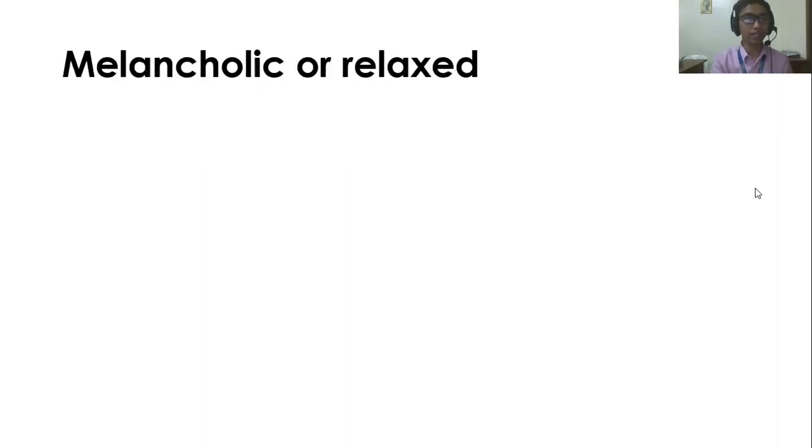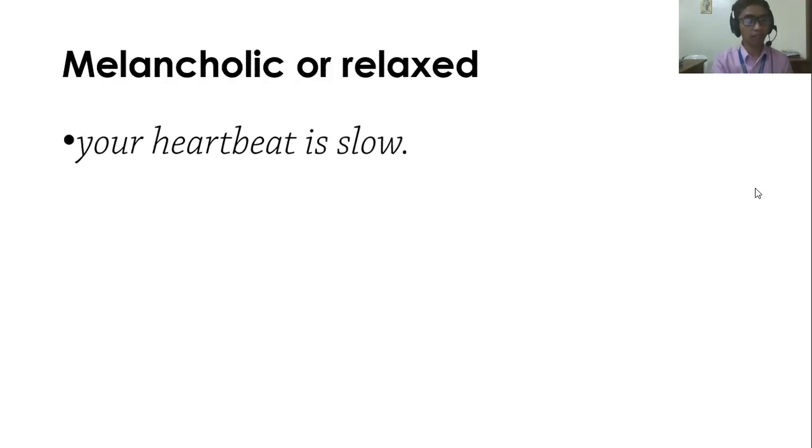But when you're experiencing melancholy or relaxation, it is expected that your heartbeat is slow. For example, when the tone, theme, or message of your poem is defiant, your mood, the way your poem is read or performed, should stay in that intense emotion as well.